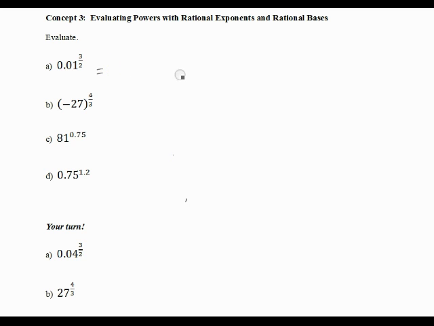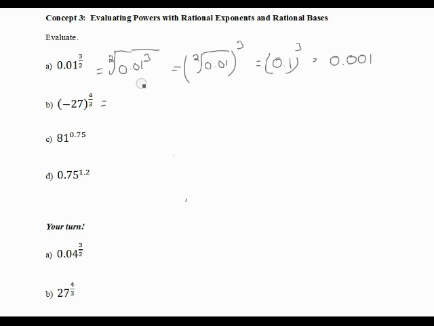That can be written as the square root of 0.01 cubed, or the square root of 0.01 and then cube the whole thing. And the second way is easier because the square root of 0.01 is 0.1, and then to cube that, we get 0.001. All right?